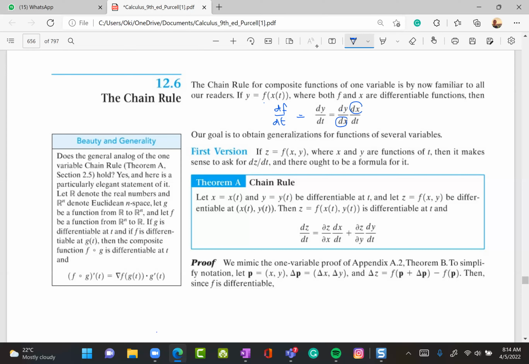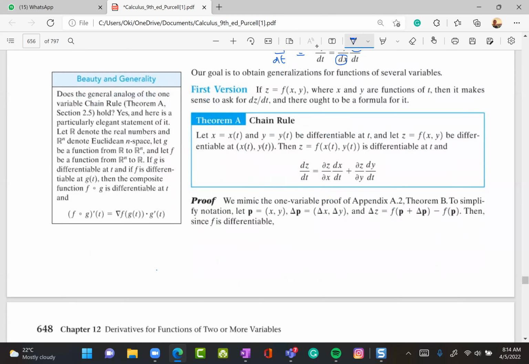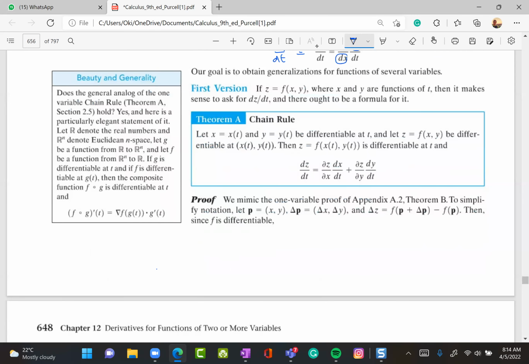What happens with two variables? Let's look at the theorem and make a simplified view of it. We have x is a function of t, y is a function of t, and z, or f, is a function of x and y.